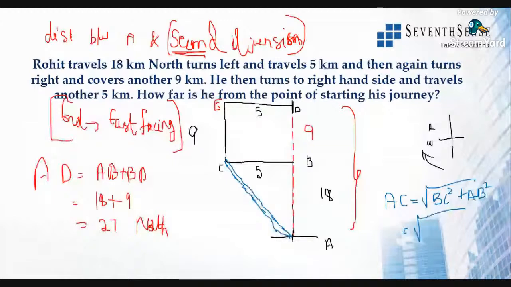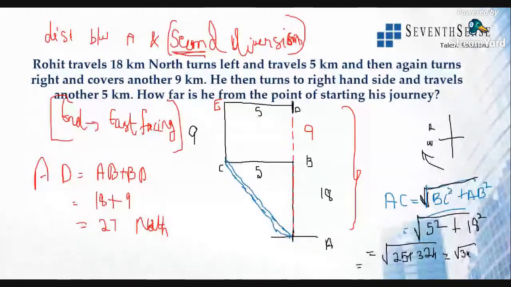So the square root of BC square, which is 5 square, plus AB square, which is 18 square. Please make sure you also know the square values. So 5 square is 25 plus 18 square is 324. So 324 plus 25 gives me 349. So keep it as the square root of 349.